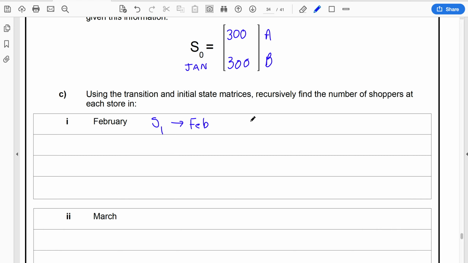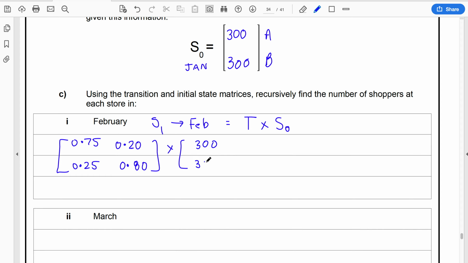What we do is take our transition matrix and multiply it by the state matrix. I'll show you so it makes a little more sense. Doing this.